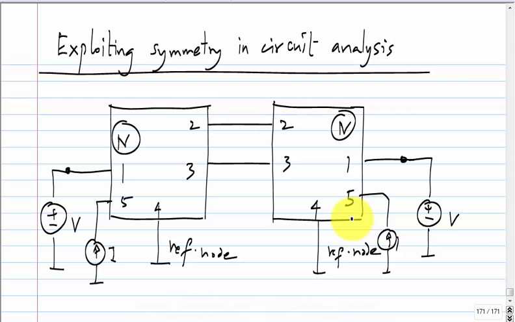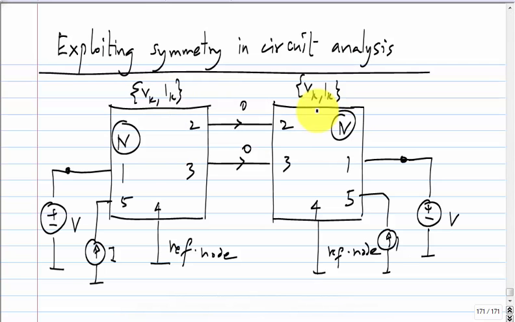Actually, I think it is kind of obvious from symmetry that the currents here will be 0. And if you name the nodes in this in a certain way, and in the same way in the two cases, if you have some node voltages here, you will have exactly the same node voltages there.